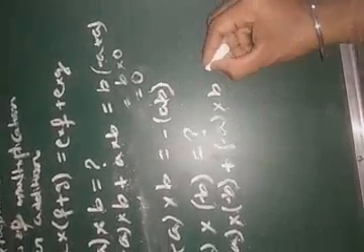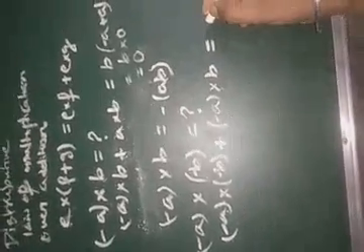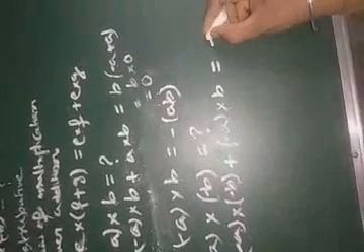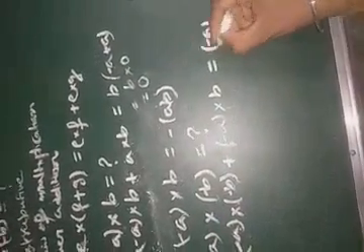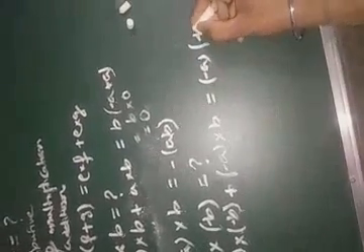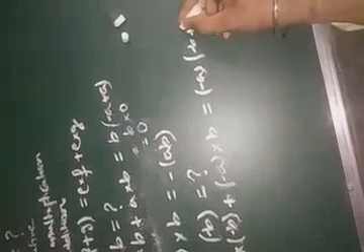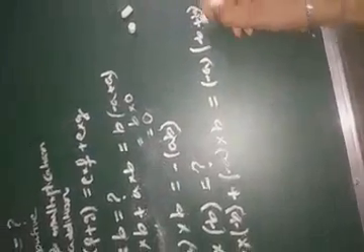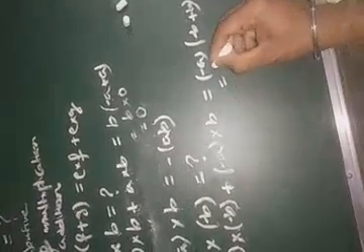So if the distributive law follows, then minus a will be common, and we have minus b plus b. Minus b plus b is 0, and the whole result will be 0, isn't it?